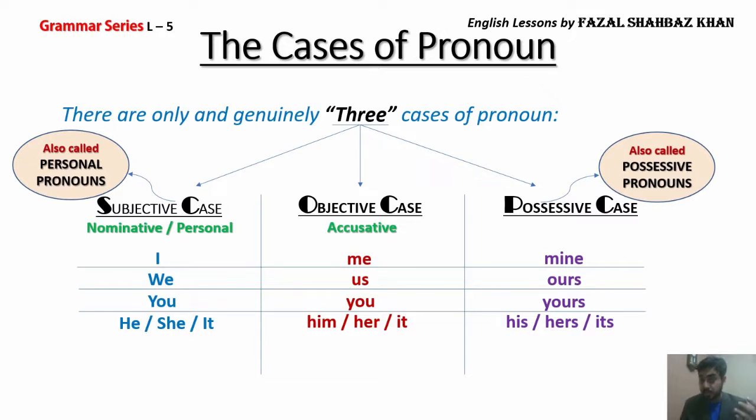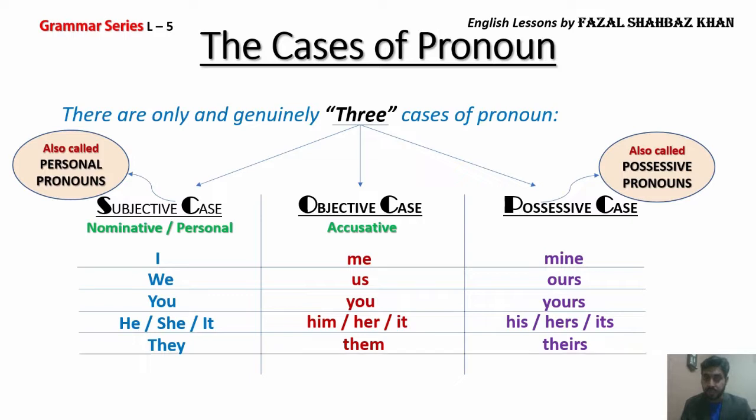But since her doesn't have the syllable s, we must attach s to that, so that it sounds hers, and then it's its. So these are their possessive cases. Then we have they as subjective case, them as the objective case, and theirs as its possessive case. And an exception to discuss.